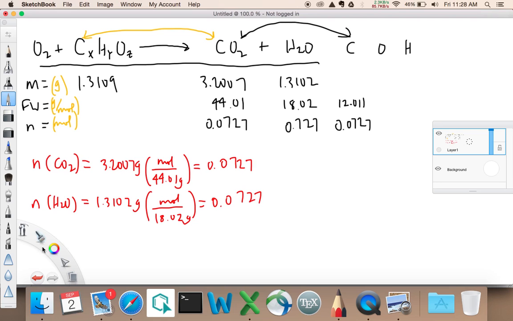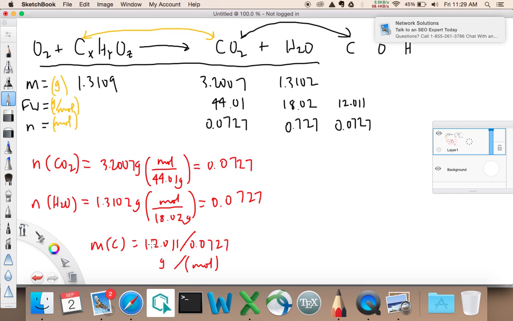And so the mass of carbon is equal to 12.011 times 0.0727. Oh, wait a second.